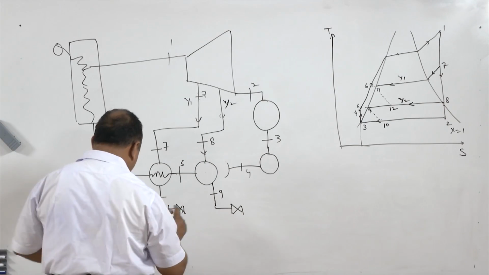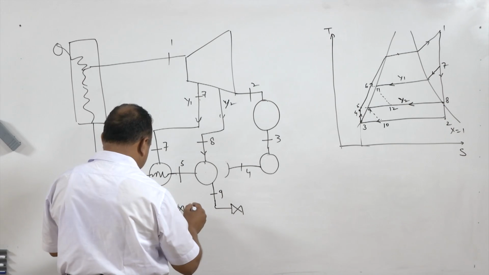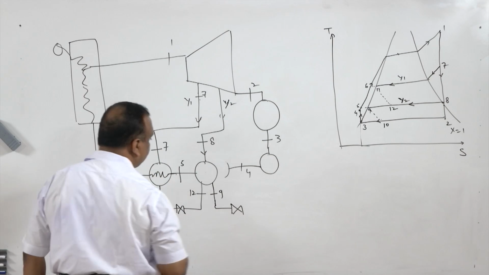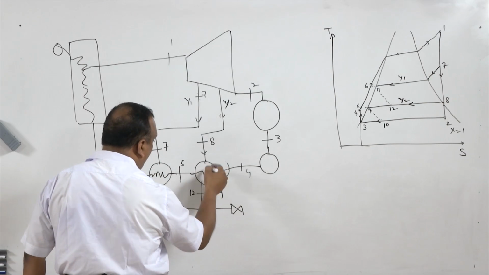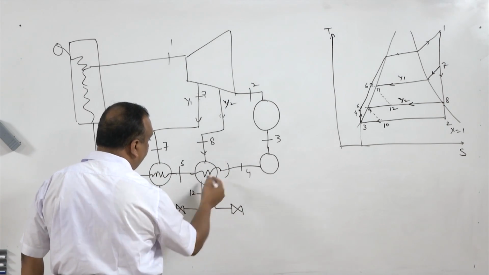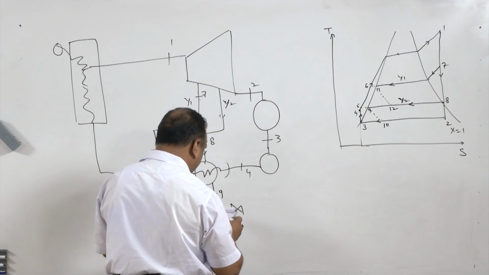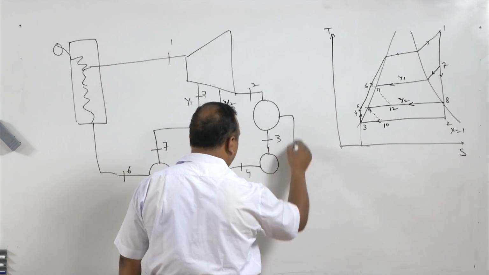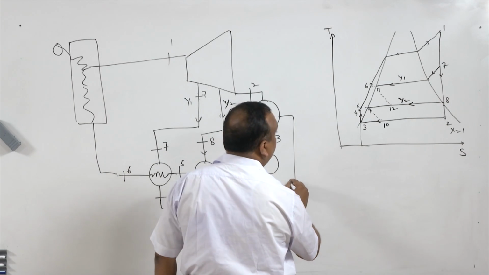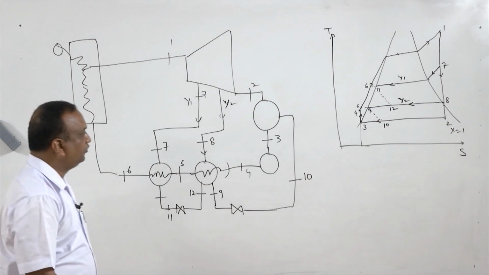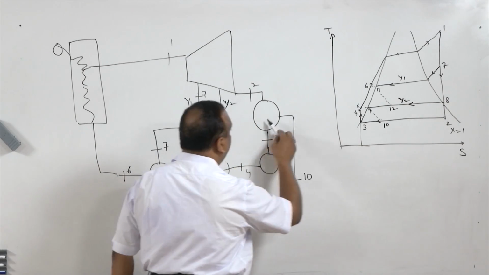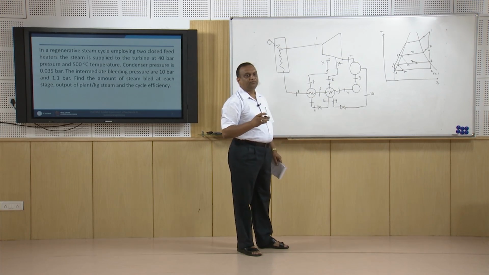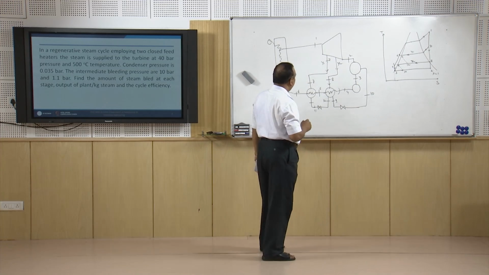So, now they are connected, and this is state 12, and all the heat is imparted to this feed water moving in this pipeline, and this goes back to the condenser at state 10. The pressure at 10 is equal to the pressure at 3, because pressure balancing is very important, otherwise there will be reverse flow of the fluid and everything will be in a chaotic state.